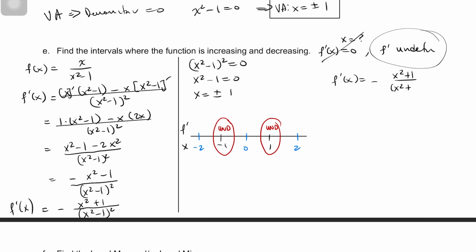And as I showed you guys in the other video, we can make this check much faster, right? We can say we're going to check f prime of negative 2, f prime of 0, f prime of 2.